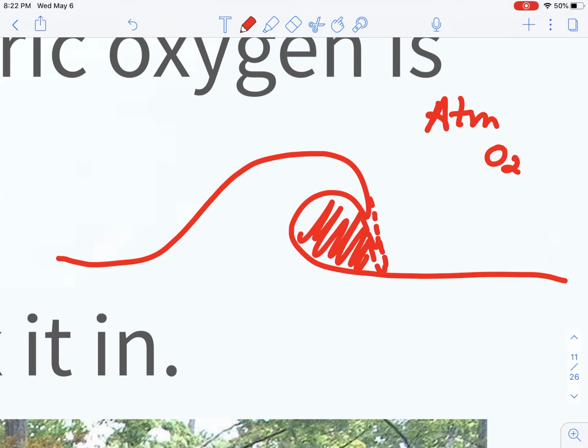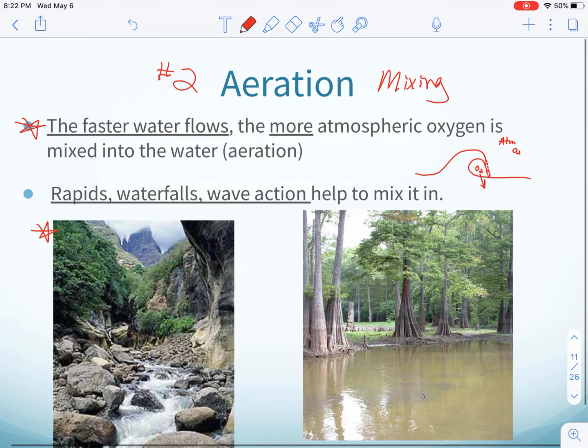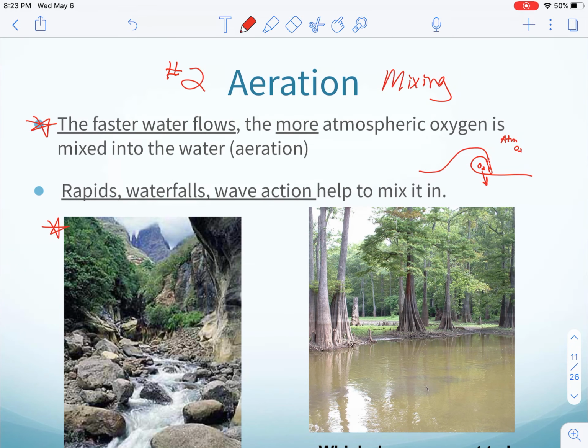And what's in that air? Well, you've got nitrogen, but then you also have oxygen. And where is that oxygen going to go? Well, when that wave crashes back down, that oxygen then gets mixed into, or aerated into, that body of water. So the bigger the waves, the more waves that you have, the more dissolved oxygen you're going to have as well.